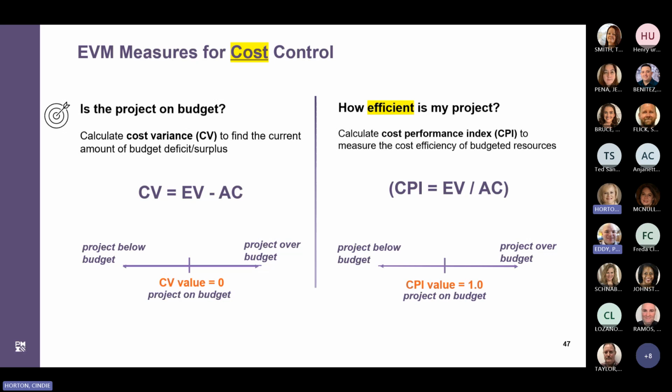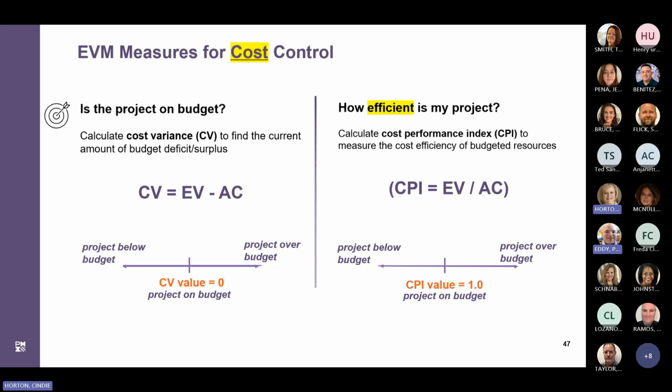As I stated previously, when you're trying to determine a variance in performance, for example, whether we're on schedule or not, we'll be calculating a difference, subtracting one variable from another. And when we're trying to determine efficiency, or how well the team is performing relative to our target, we'll be calculating a ratio. Also, you can see similarities in the calculations for schedule and cost variance and schedule and cost performance index.